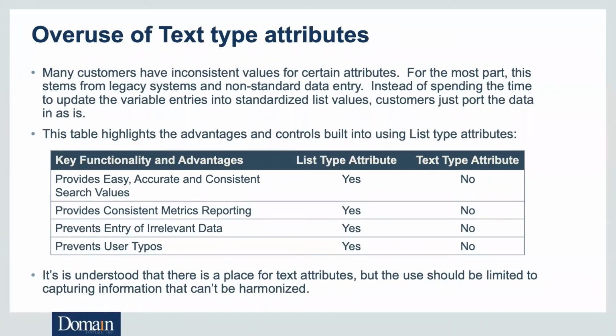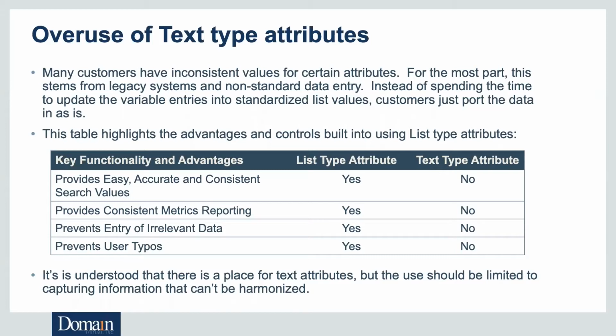It prevents entry of irrelevant data. Basically, there are those that do like to write novels. I agree. And there are places where a novel is appropriate, but wherever possible, make the novel free-form attribute field supplemental to the actual value and the harmonized meaning of that novel.